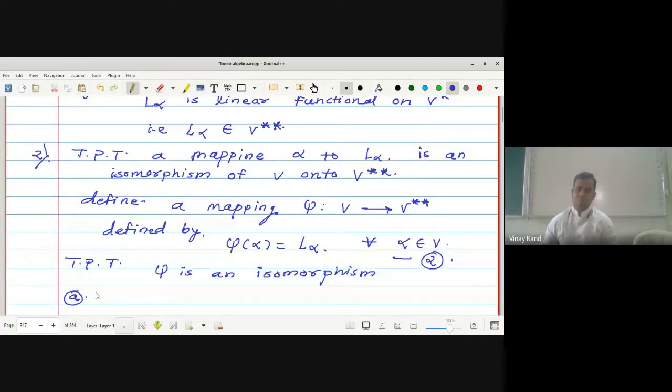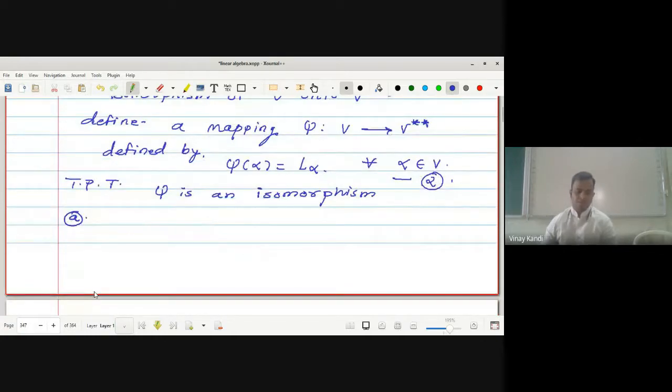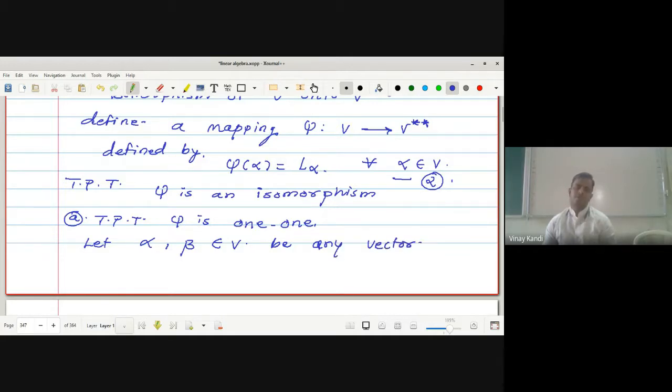Step number 1: to prove that psi is one-one. Okay, let alpha and beta belong to V be any two vectors.